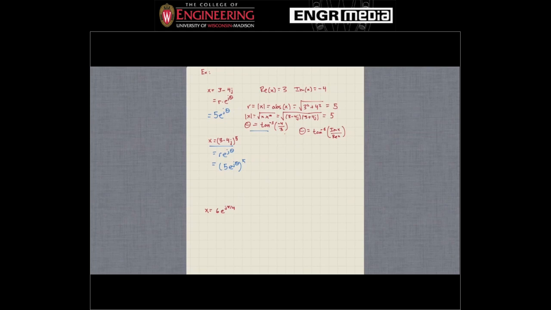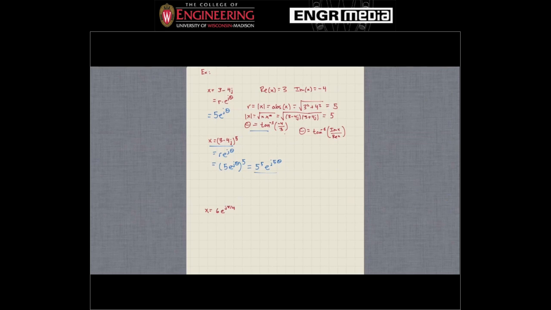This quantity to the 5th should be 5 to the 5th, e to the j times 5 times theta, right? We're just doing algebra here. And this again is something I could just evaluate on a calculator once I had the value of the tangent.